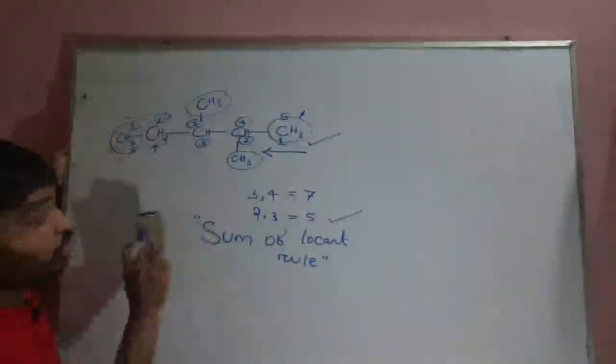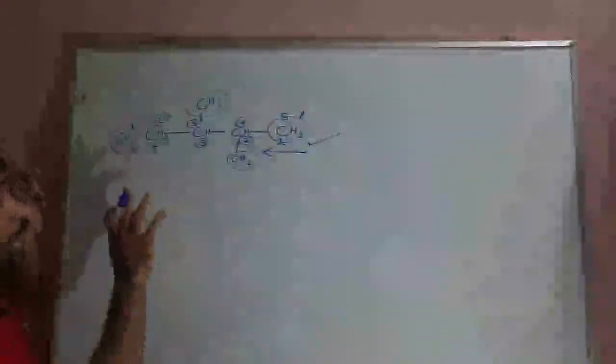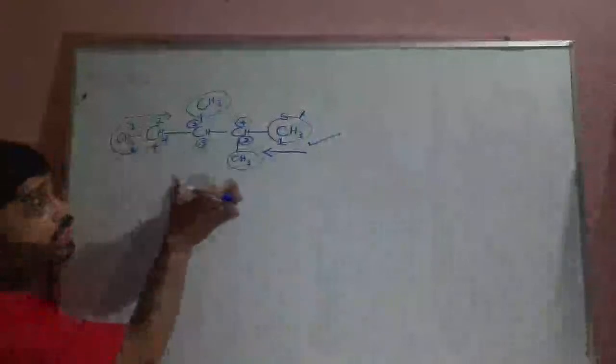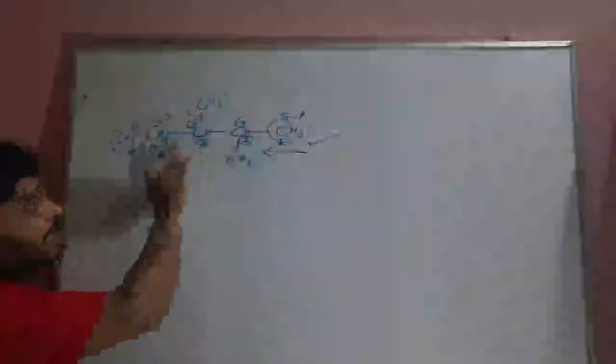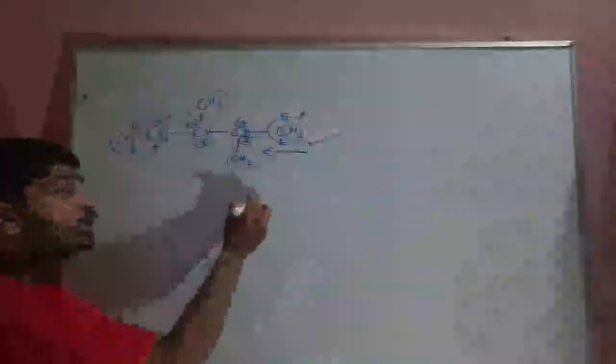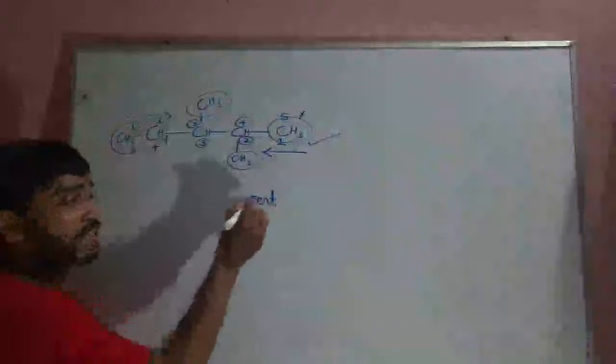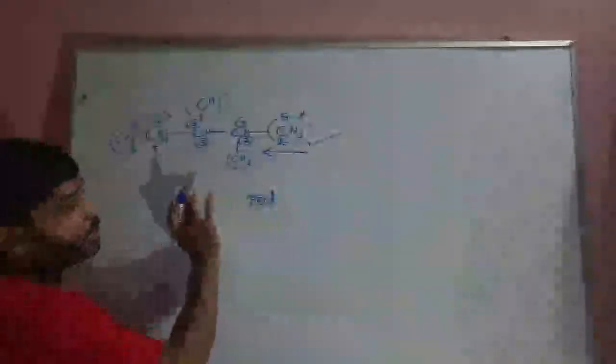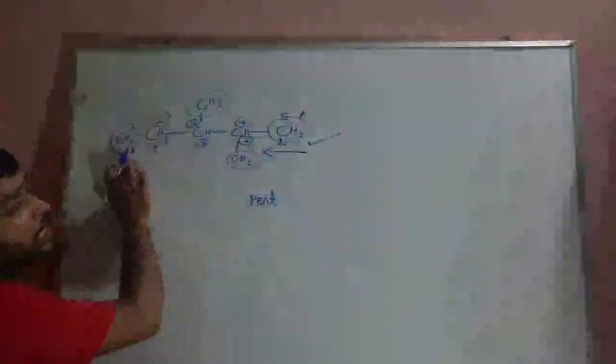So if we move to nomenclature, what will be the nomenclature system? In this case 5 carbons are in the main chain and all single bonds are present, so the name of the main chain will be expressed with pent for 5 carbons and ane for single bonds.